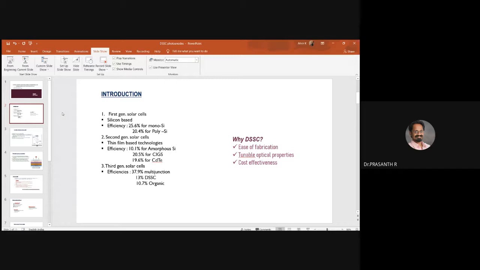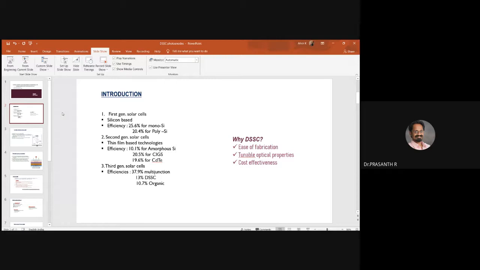So DSSC is one of the promising third generation PV technologies. This third generation technology has a growing interest in the market due to its applicability to indoor facilities and in portable devices such as chargers, solar bags, etc.